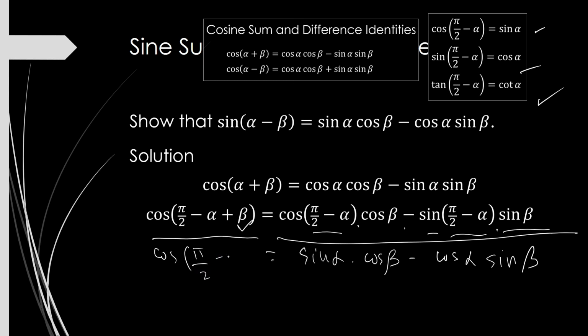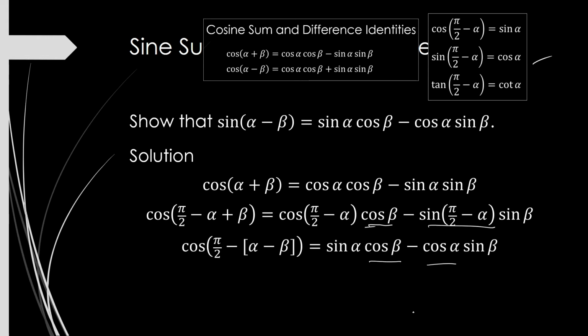The left side of our identity is far from becoming the sine function. So pay attention to this. I'm going to group these two angles together. And you know what's going to happen with that operation? It's going to be subtraction. If you want to verify if your factoring or your grouping is correct, all you have to do is just multiply -1 to alpha. So it's going to be minus alpha. And -1 times negative beta is going to be plus beta. Why did I do that?